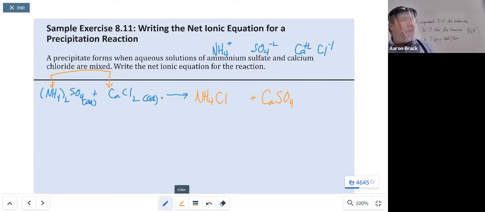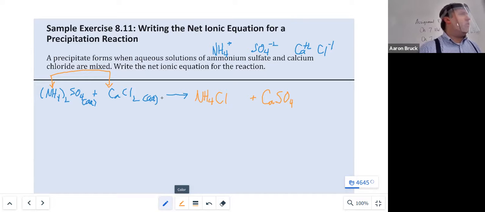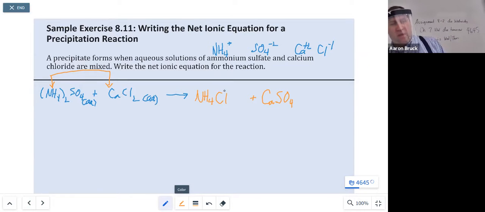Now, we're already told that a precipitate is forming here. Question is, which one is the precipitate, or do we have a rare circumstance where they're both precipitates? We can look at the formulas. Ammonium is on that always soluble list. So this is going to be a soluble salt, which means that this is aqueous.